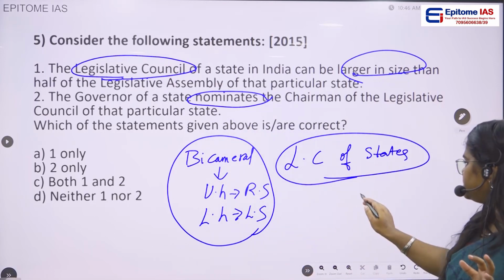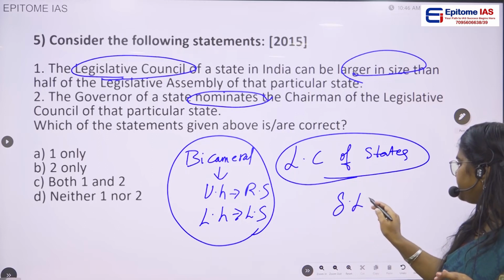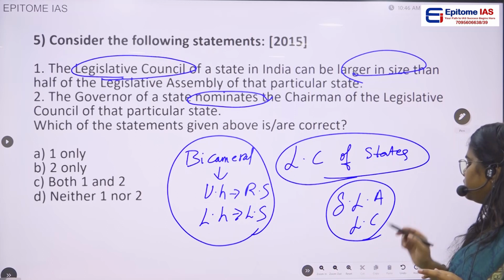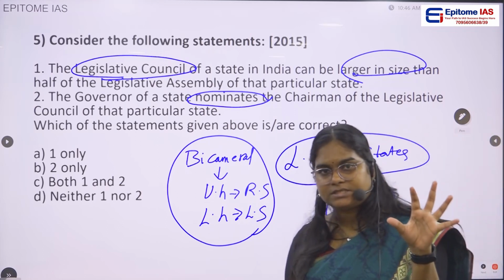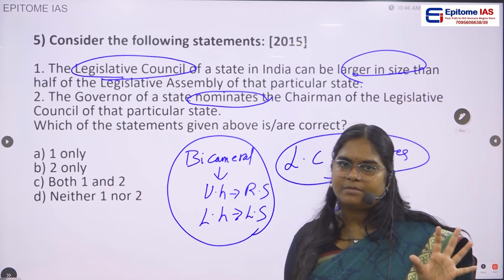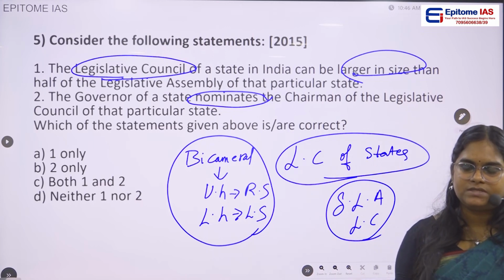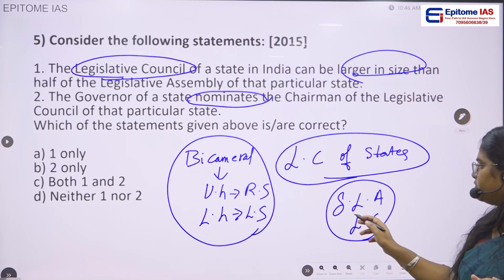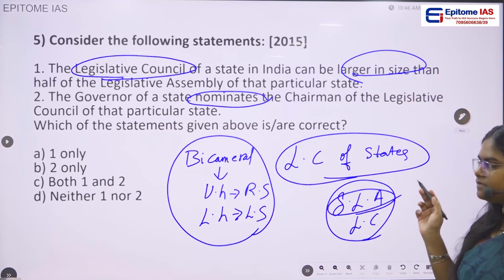So they'll have a state legislative assembly and a state legislative council. In six states we have this bicameral legislature and in most of the states we have only a unicameral legislature. We only have the state legislative assemblies.